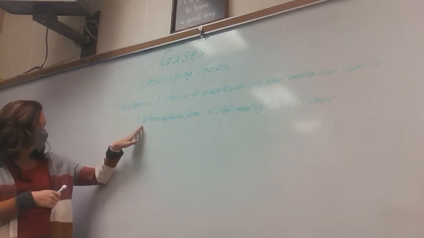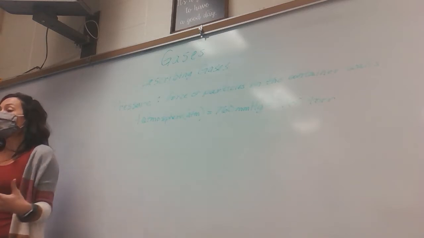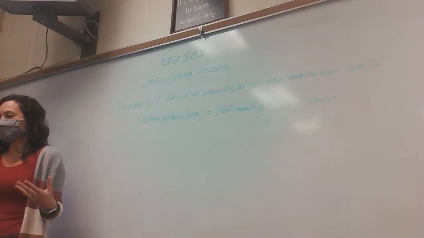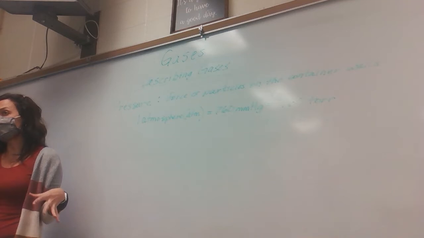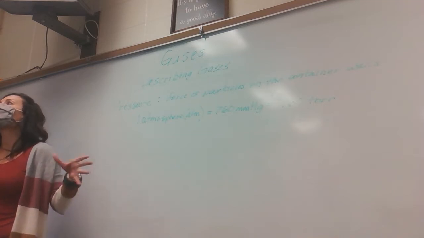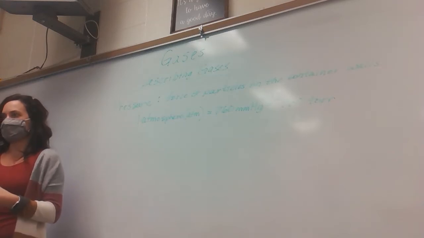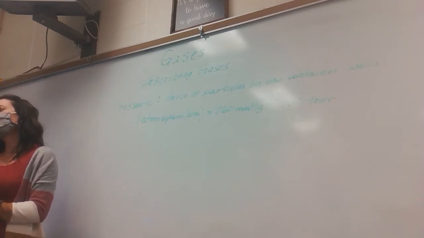This atmosphere comes from the idea that on Earth, our atmosphere is made of gases. Those gases push on Earth with pressure, and the pressure of the whole atmosphere is 1 atmosphere, 1 atm. Now, that changes with the weather.